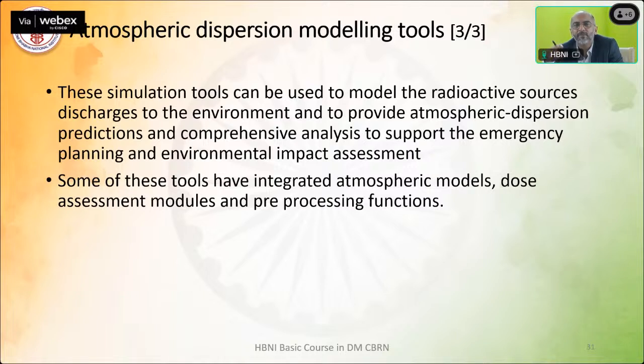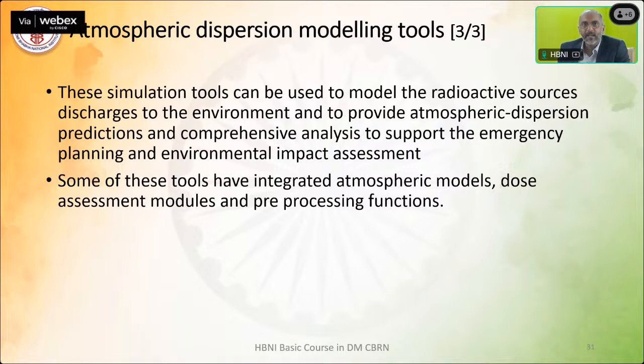The conversion to dose is very easy: you calculate a concentration and then you have a dose conversion factor. This is specifically for nuclear. And for other CBRN emergencies, you will have the dose and exposure modeling in their own calculations. So these are some of the tools that are used.